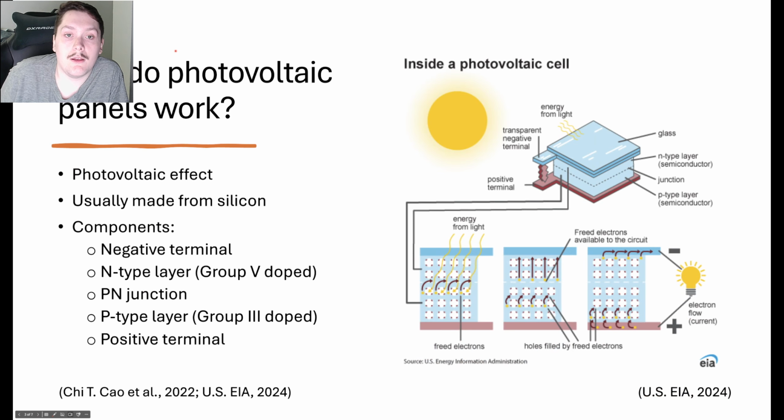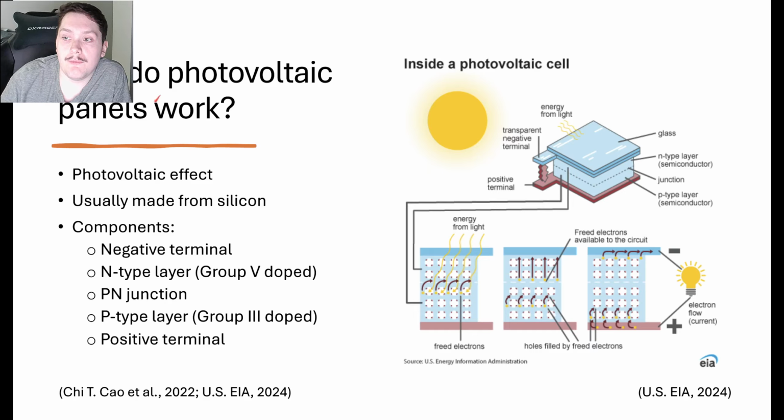So how do photovoltaic cells work? They utilize an effect known as the photovoltaic effect. Essentially, it's when photons from light excite an atom, and it can produce electricity through that.